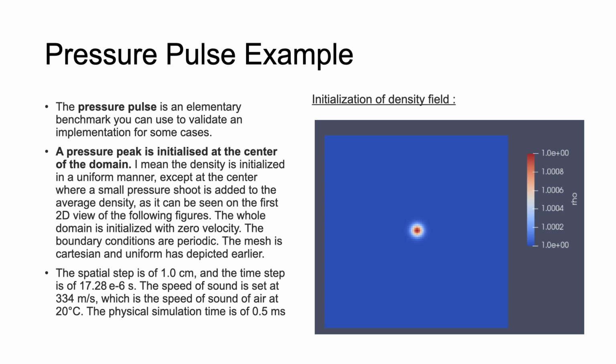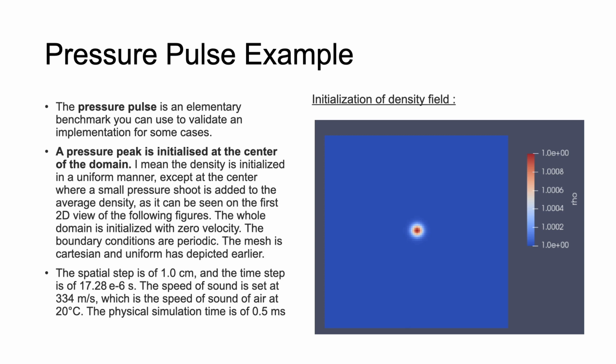Now that we talked about the algorithm and everything, I still have 2 slides. So it's a simple example that Nicolas has put together. He has made his own very simple LBM solver, and he calculated the pressure pulse, which is an elementary benchmark in the LBM domain. So it's more something about acoustics.